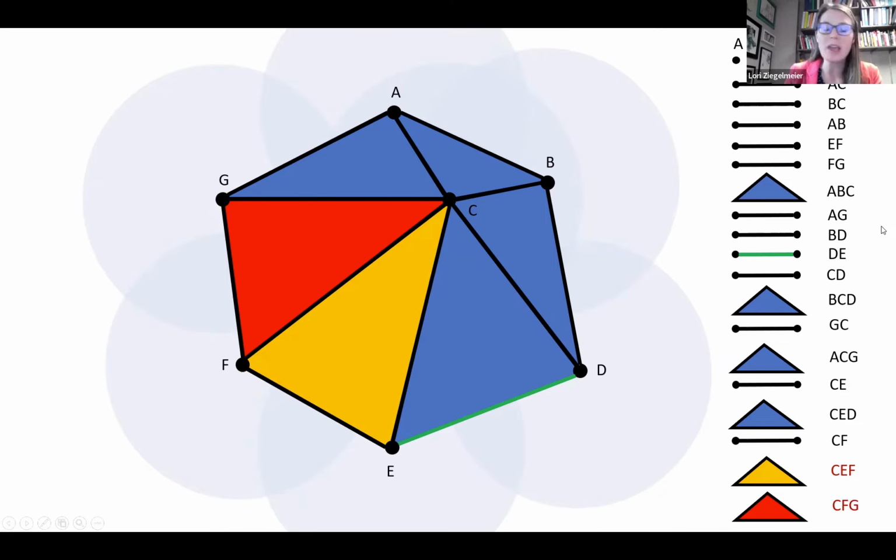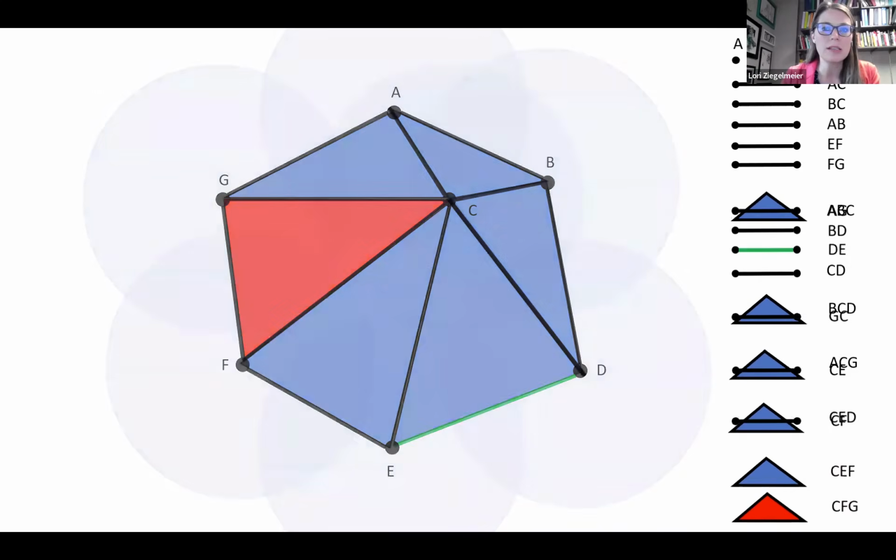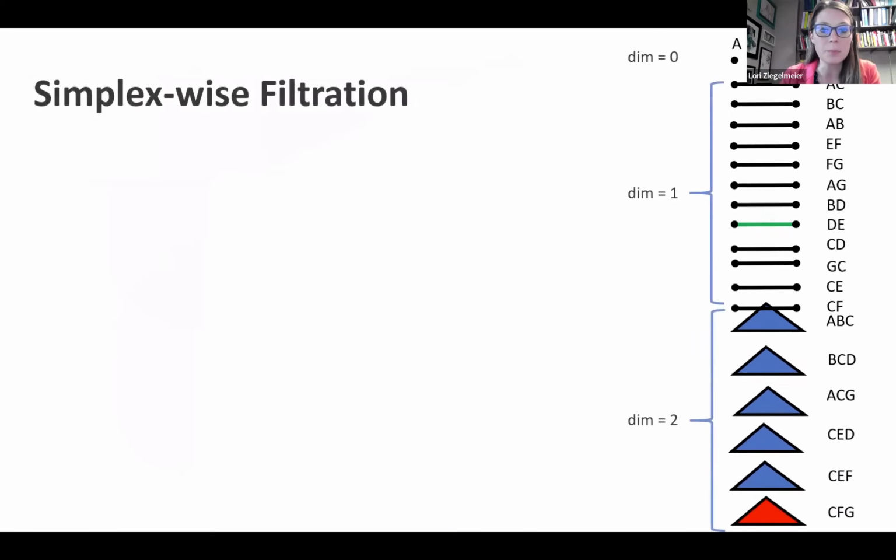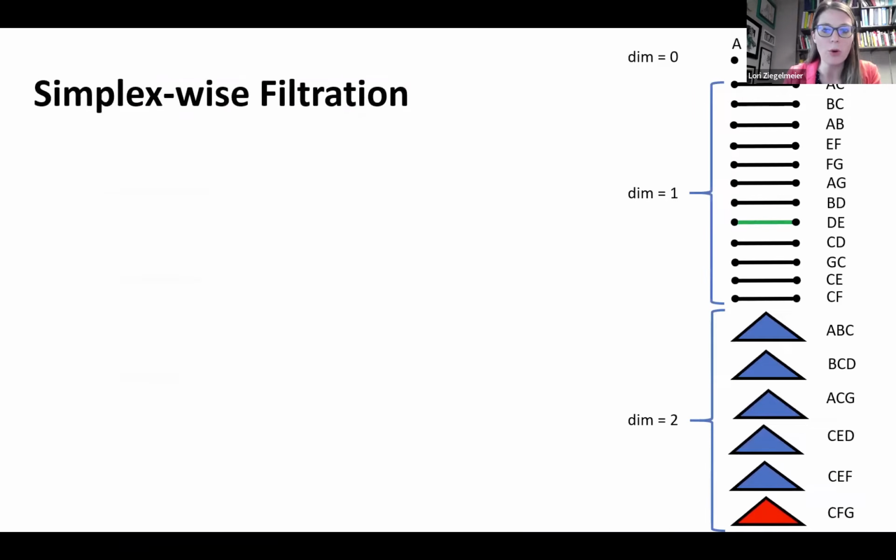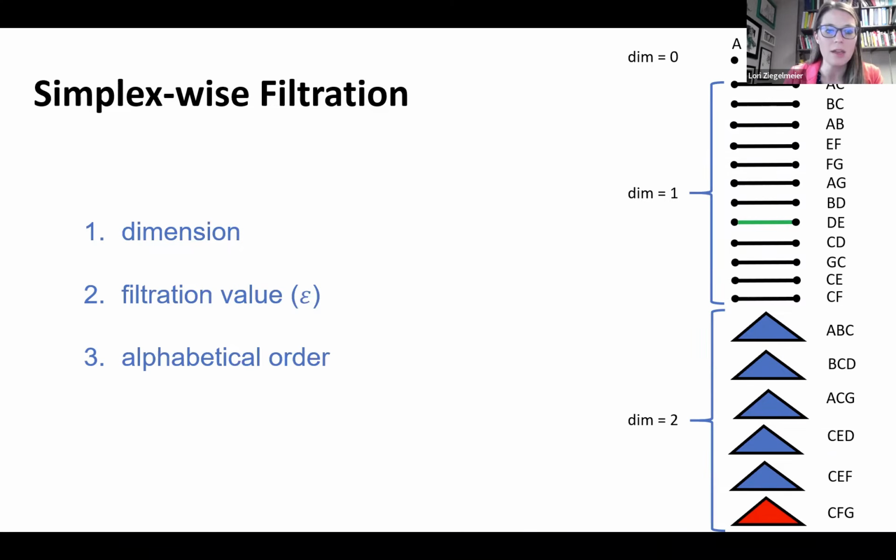Often what we do is think of a simplex-wise filtration where we order elements by, say, dimension first, and then filtration value, and then maybe some alphabetical order.